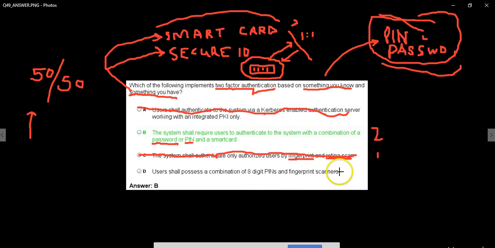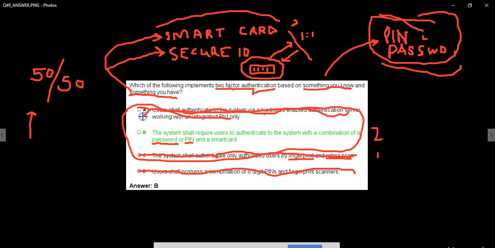That doesn't mean that you're actually going to use them to authenticate here. So something doesn't seem right to me on that. So in this particular case, B is going to be the answer. Most people do what I set up here, 1, 2, 3, and they immediately rule this out because it's too many. So hopefully that answered your question.